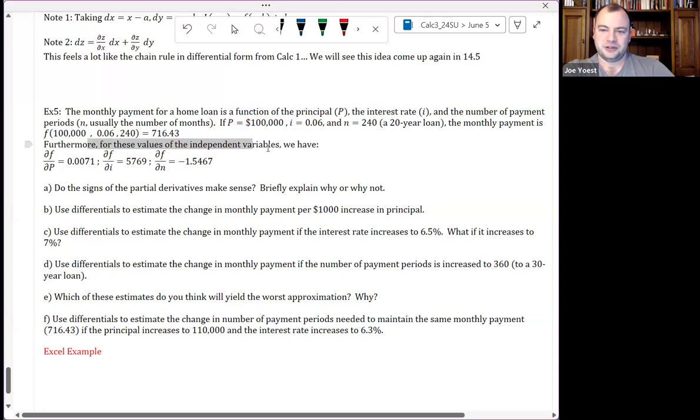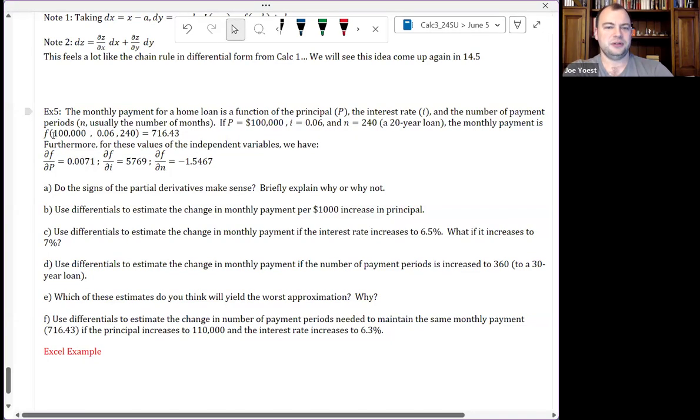Also, for these values of the independent variables p, i, and n, this function is fairly complicated. But it turns out that the partials are given here. The partial of f with respect to p evaluated at the point 100,000, 0.06, 240 is 0.0071.